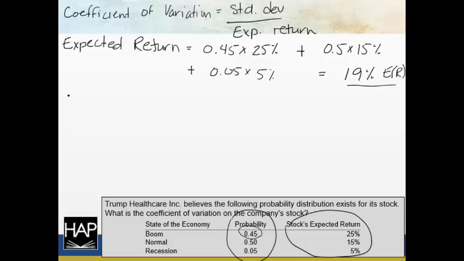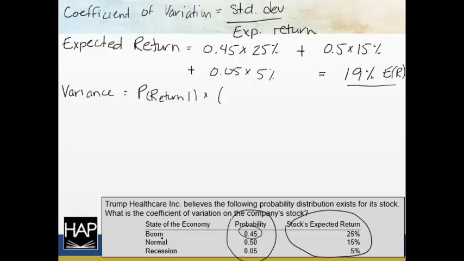In order to calculate the standard deviation, I first need to calculate the variance. The variance takes a little longer to calculate. The general formula is the probability of return 1 multiplied by the stock's expected return in that situation, and this is where it gets tricky.